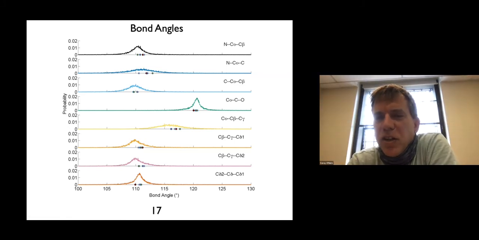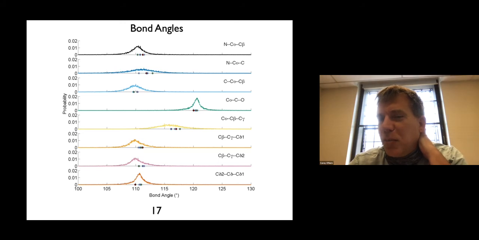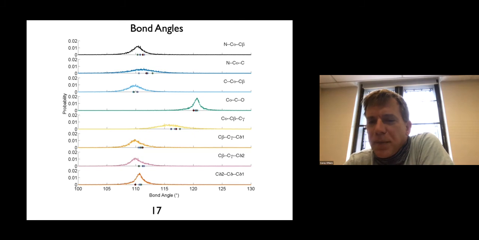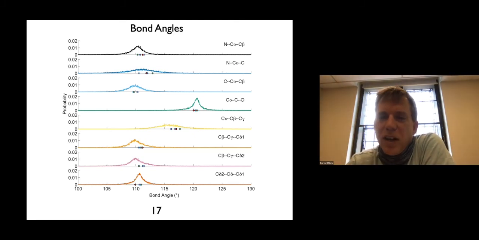The nomenclature for side chain atoms is you start at the alpha carbon, and then you add additional Greek symbols as you move away from the alpha carbon. If a side chain has an additional carbon, it's the beta carbon, and then the next one would be a gamma carbon. I'll show you that in a second.